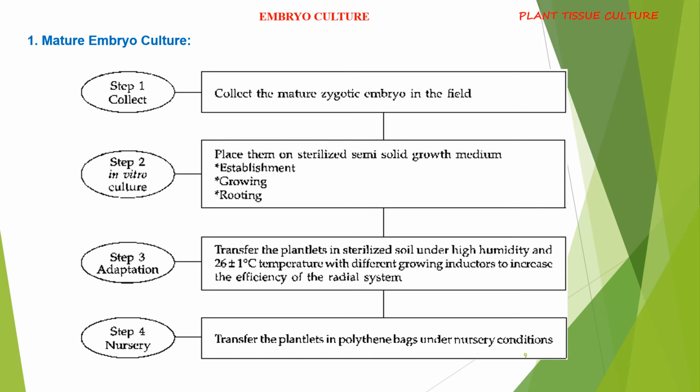The flowers are then, under aseptic conditions, surface sterilized and the ovaries are excised to remove the mature zygotic embryo. These embryos are then inoculated in sterilized, standardized media for growth.